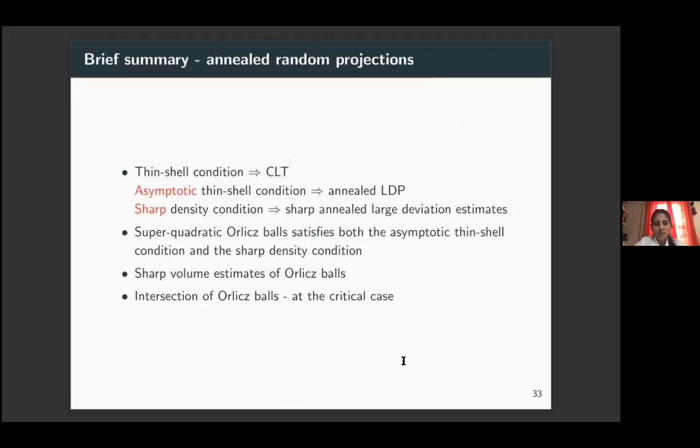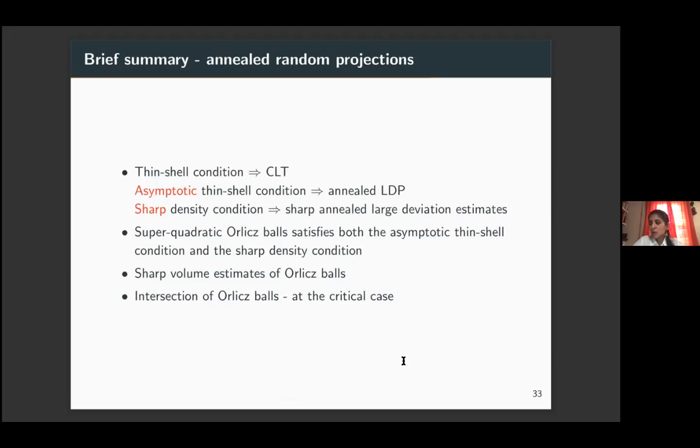So just to summarize what we know about annealed random projections, we know that the thin shell condition implies a CLT, an asymptotic thin shell condition implies annealed LDPs for projections, and a sharp density condition implies sharp annealed large deviation estimates, and the proof of those things can also be used to get volume estimates for various Orlicz balls and things like that.